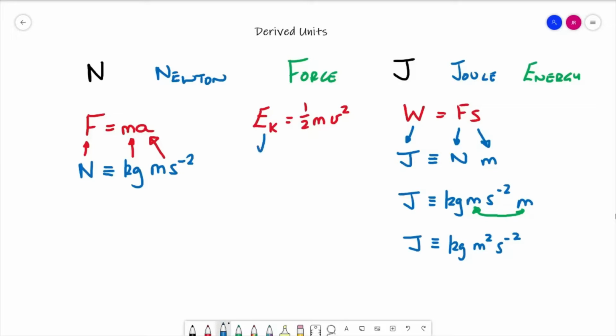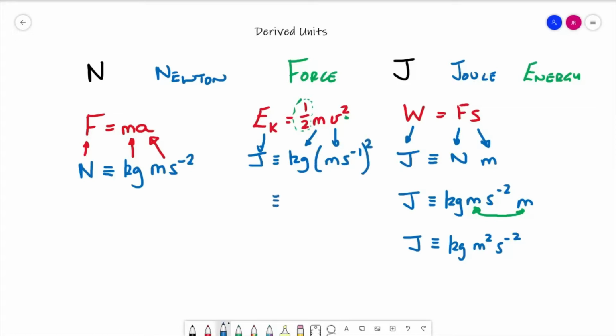Now, kinetic energy is an energy and is therefore joules. When we look at this, the half doesn't have a unit because it is just a number. It is therefore dimensionless, so we can ignore it. For m, we know that we have kilograms. And then for velocity, we have, as we saw on the last slide, meters per second. But of course, it's velocity squared, and therefore we have to square the unit as well.